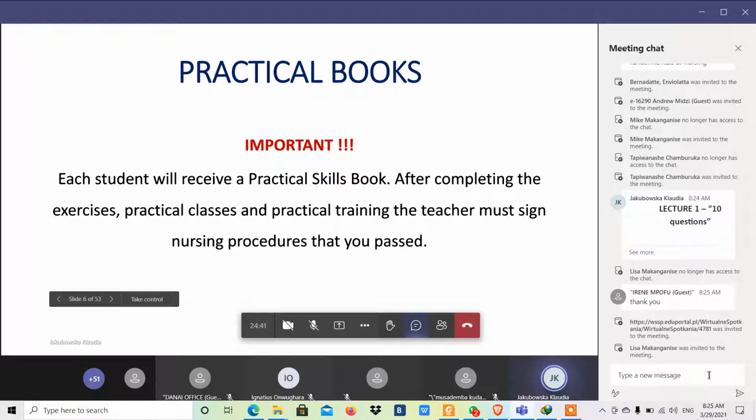You have already had classes from fundamentals, yes? For example, your exercise is changing a patient's linen, or a injection procedure.